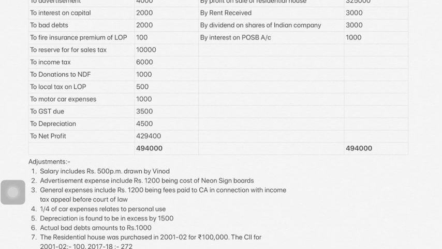So 3500 you have to add back. Okay, so GST, I want you all to note it down. GST only when it is paid, then only it is allowed. Otherwise it is disallowed. So GST due 3500 is disallowed. GST paid is allowed. Okay. So if GST paid, you will keep it as it is. GST due, you have to remove the effect. To remove the effect, you have to add 3500.